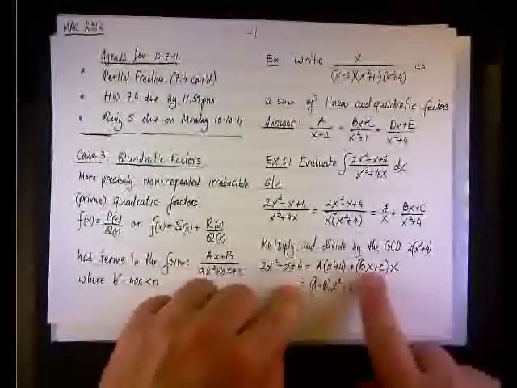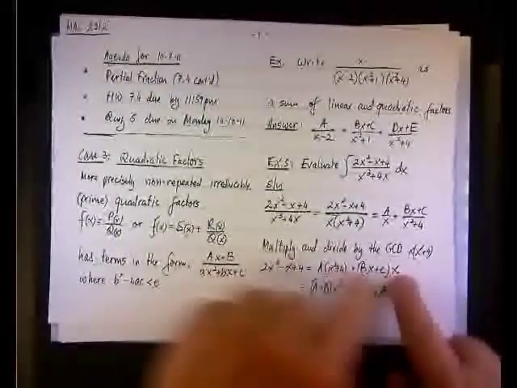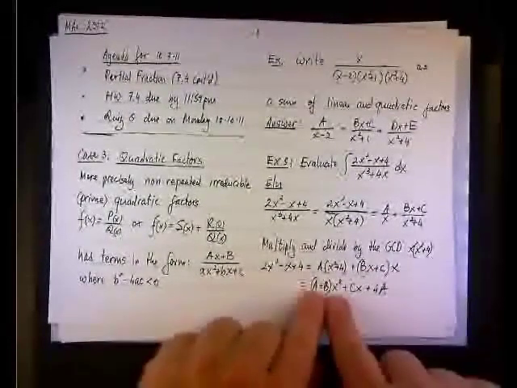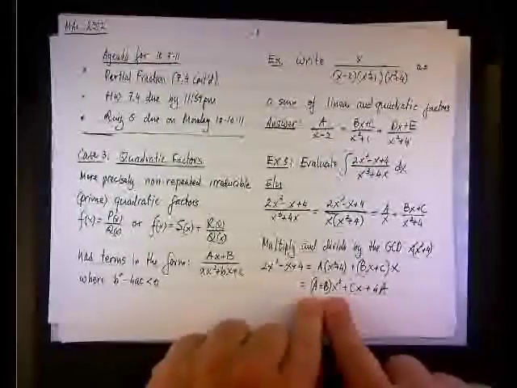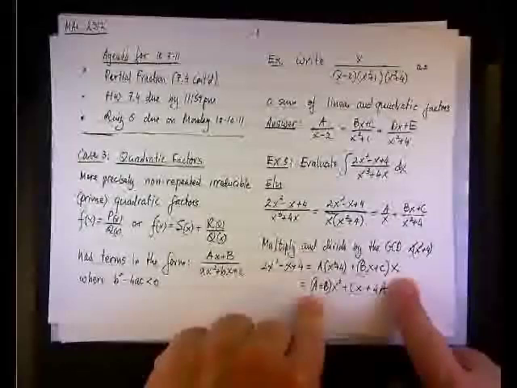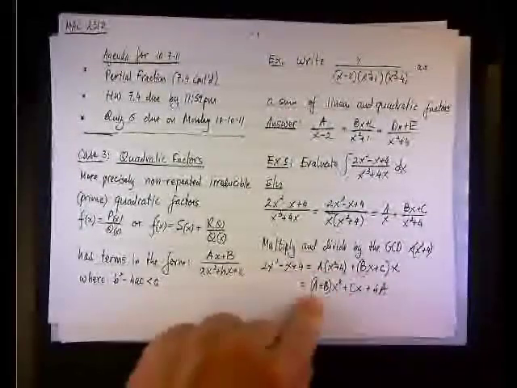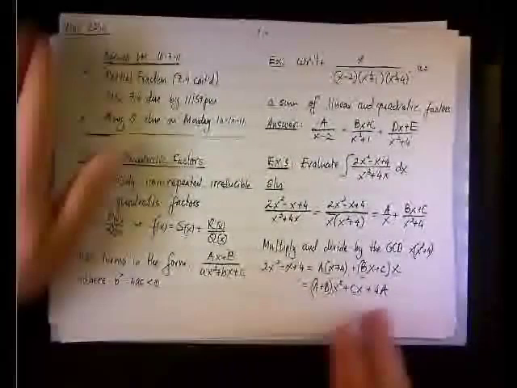Well, I have a, and then bx times x is bx squared. So the coefficient of x squared is a plus b. The only coefficient that multiplies x is c, and the only free term is 4a. And now I compare coefficients, and I get the following system.